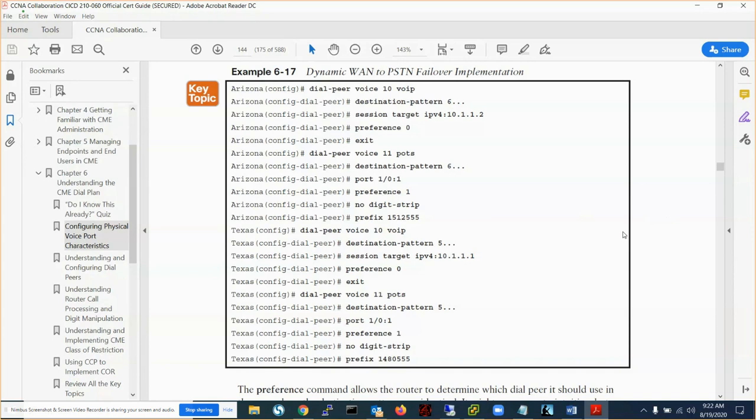Is the preference the lower the cost, the lower the cost? I was looking at it. The lower the cost, the more preferential it is. I was looking to see if it was the higher the cost, the more preferential, but from the config, it says the lower the cost. So preference zero, I think they just put the preference zero for us to see, but by default your dial peer is preference zero, yes.